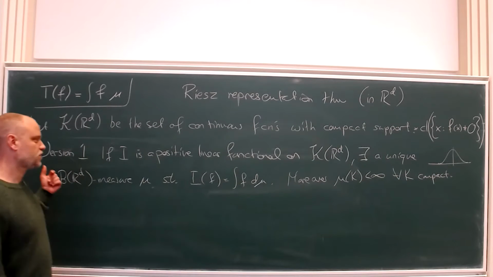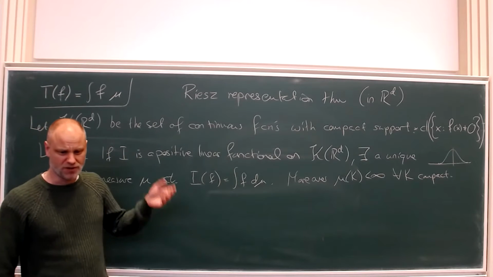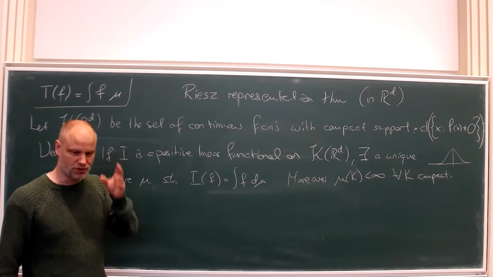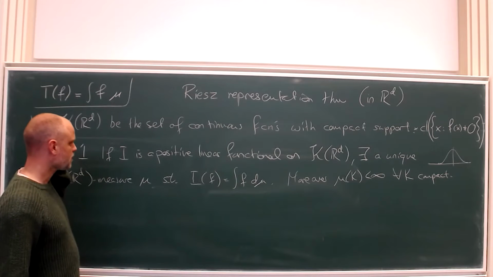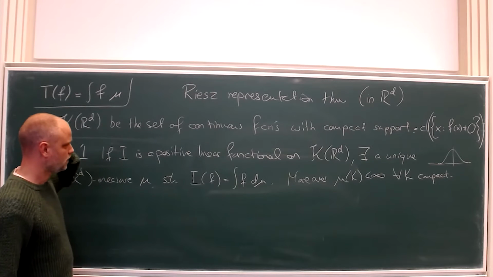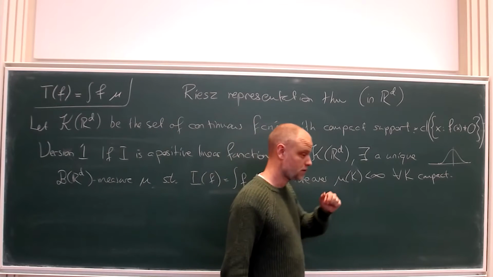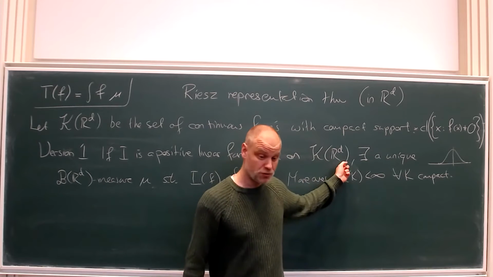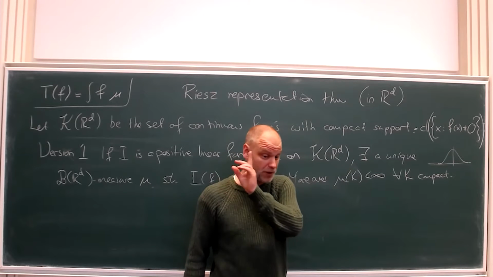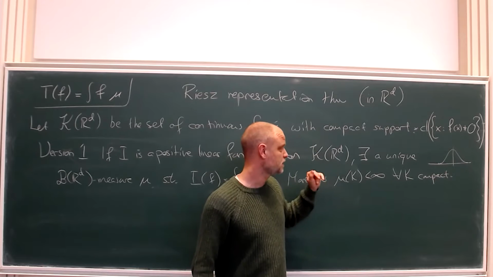It says that if I is a positive linear functional on this vector space, and I always mix up positive and non-negative, it is allowed to take value 0 as well. It's even a normed vector space, but we don't use that, we just use positivity.